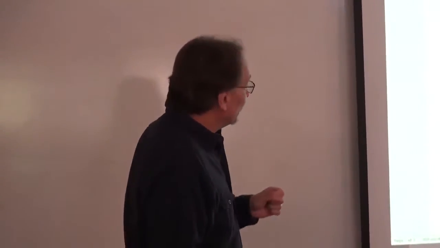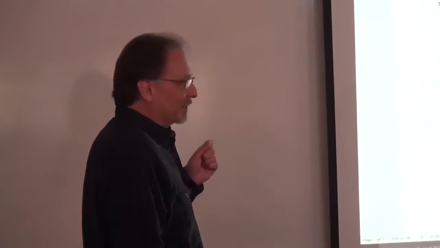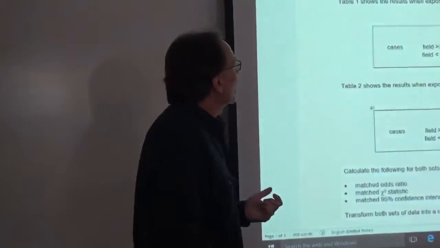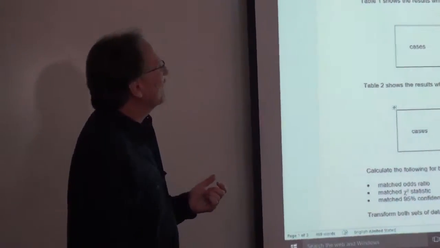What I wanted you to do was the matched case control analysis for both one and two, do the chi-squared and the confidence interval, and then do the transformation and go through the whole process again and tell me whether they needed to be matched or not, whether there were confounders present.